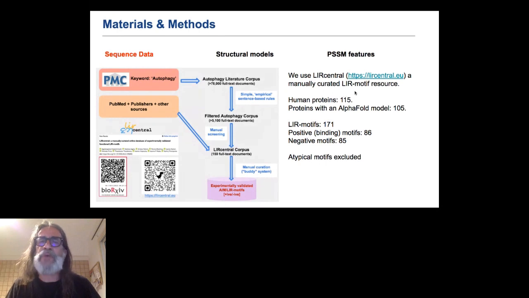From this, we concentrate on human proteins, just to eliminate any compositional biases which are species-specific. By subsetting this to protein sequences with an available AlphaFold model, we end up with a dataset of 171 LIR motifs, which we could map to AlphaFold predictions. We were astonished to see that this doesn't happen by chance.